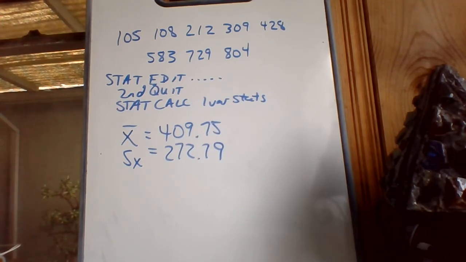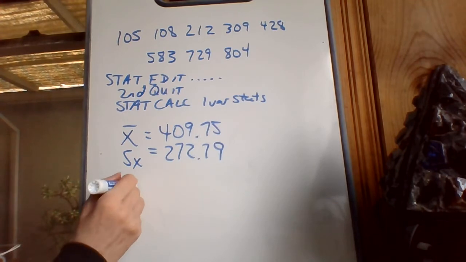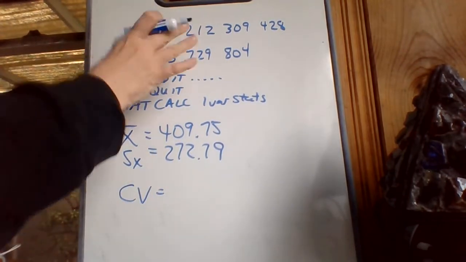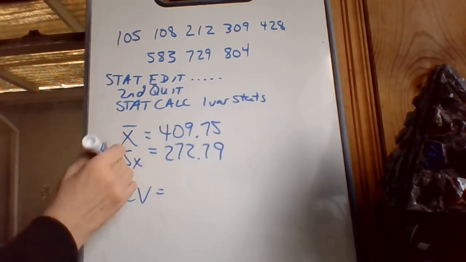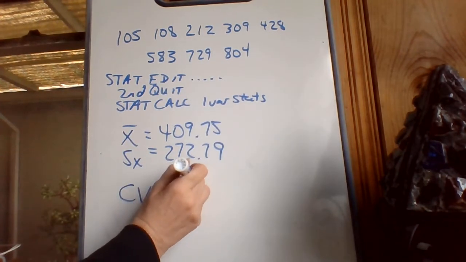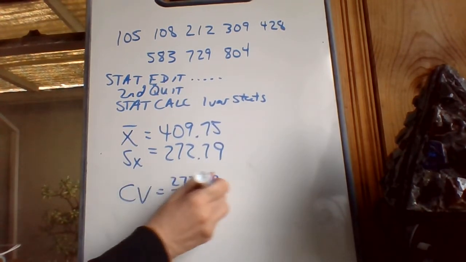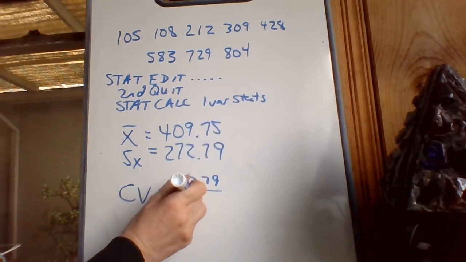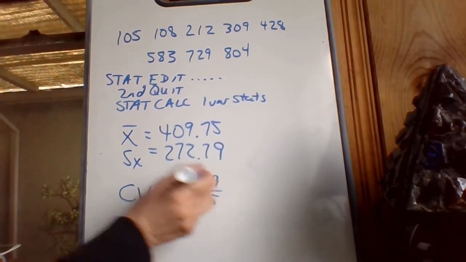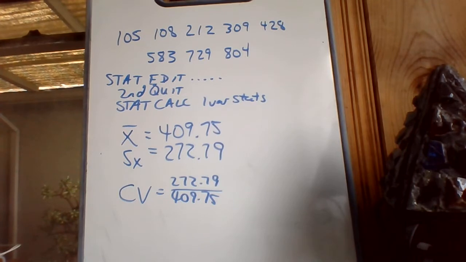If it had been instead question number 8, I basically, again, I do all calculations with the list of numbers. I get these two things and then divide them out. 272.79 divided by 409.75. 0.666 really.